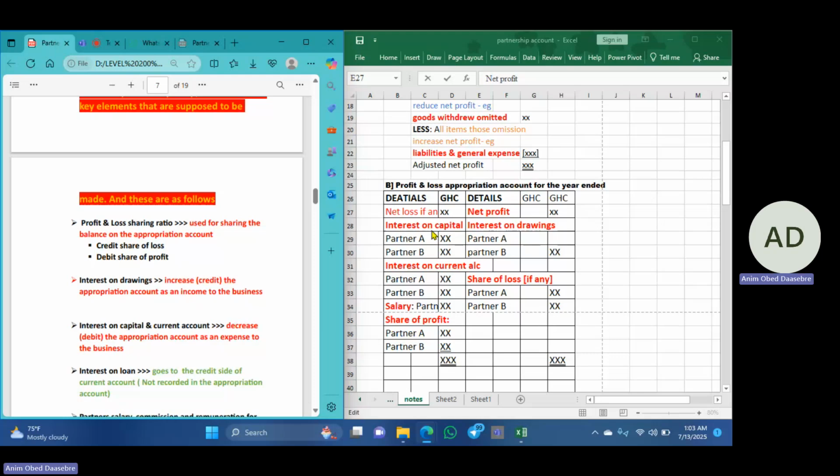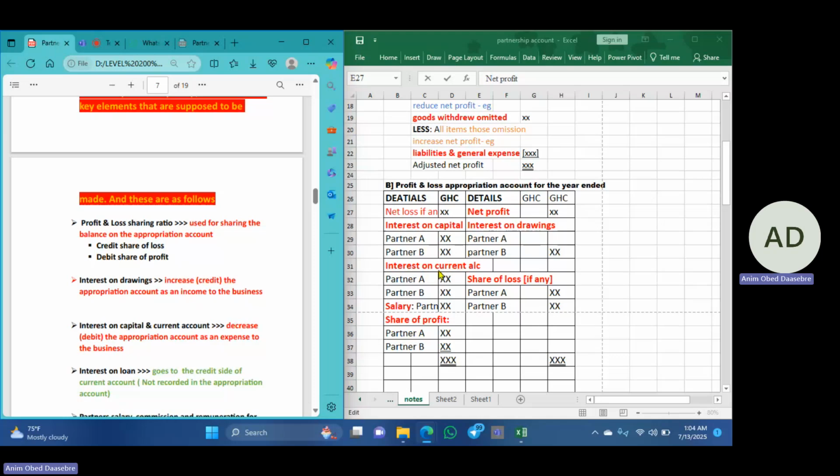So you see, great. Interest on capital: partners earn interest on their capital accounts. That is what it means. And their current accounts too, they also earn interest, if and only if their current account has a normal credit balance.